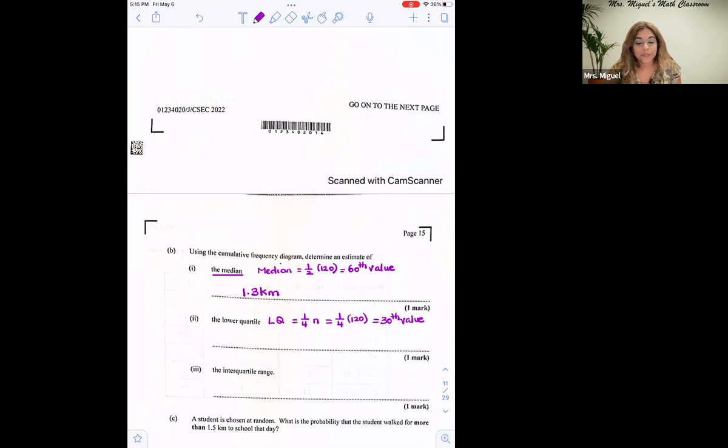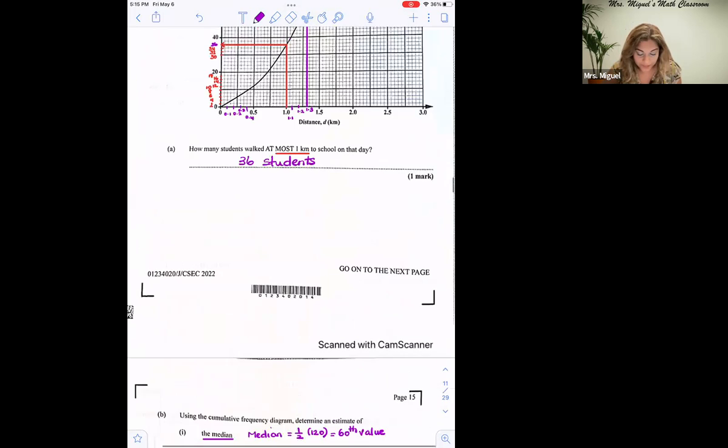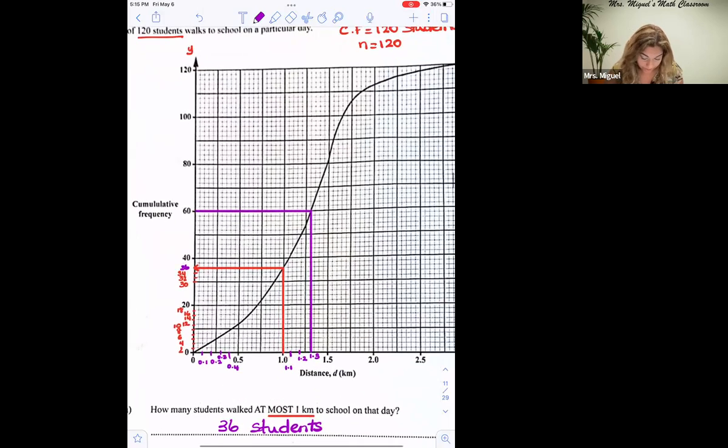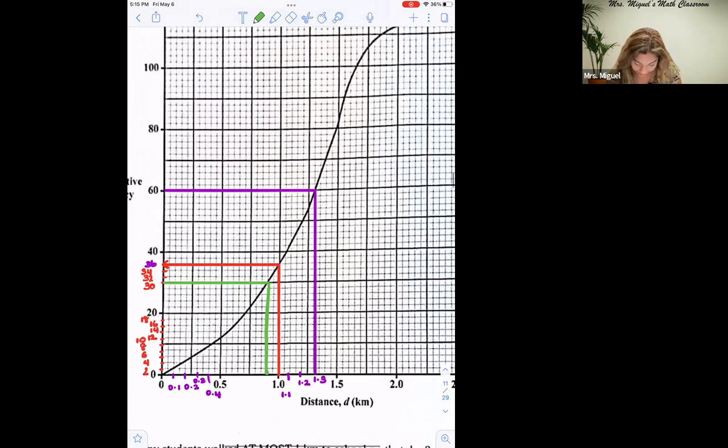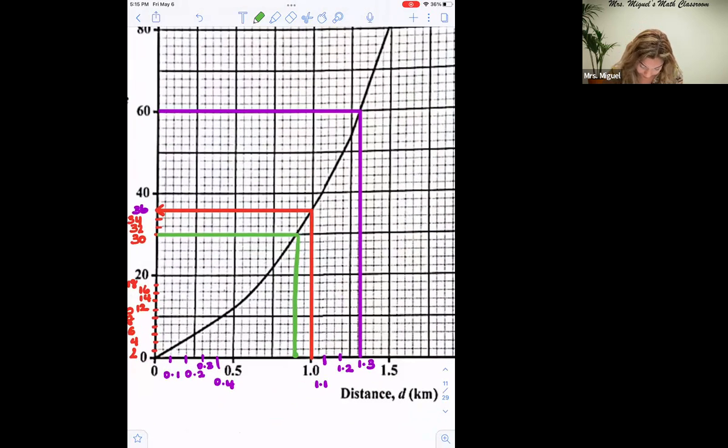So we go into the lower quartile, which is the 30th value. So the 30th value, we know 30 lies here. We're going straight to touch the curve and we're coming straight down. You see how the values lie exactly on the line? So we're counting. This is 0.6. This is 0.7.